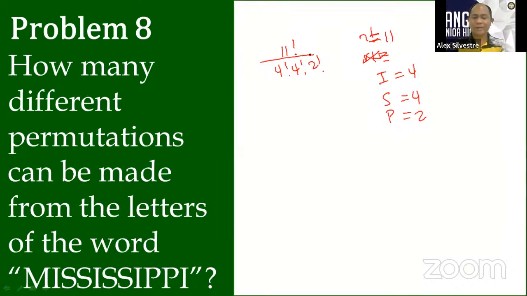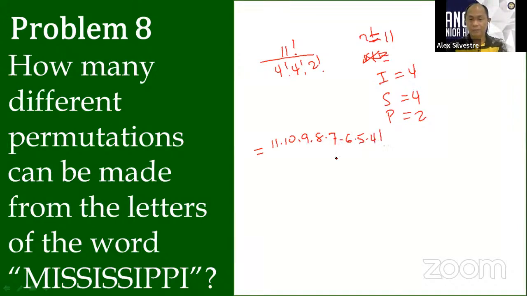Now, ang tanong dyan is, isi-simplify natin ngayon yan. Doon sa ating numerator, we have now yung 11 natin. So, 11, 10, 9, 8, 7, 6, 5, 4.